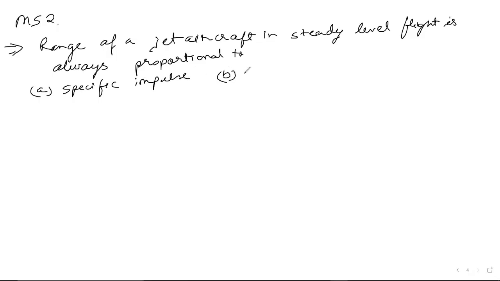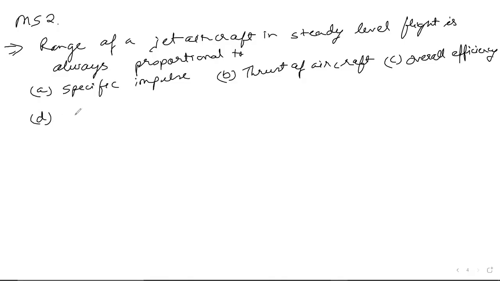Option B is thrust of aircraft. Option C is overall efficiency. And option D is lift to drag ratio. I'm giving 1 minute. Just give me the answer in the chat.